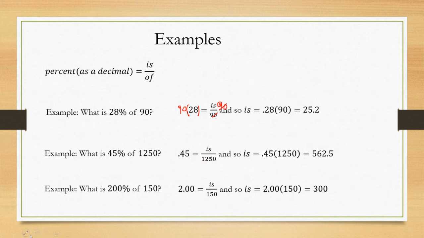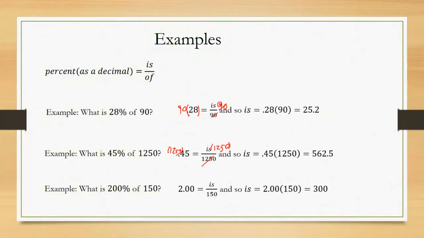Okay, now again, let me get that pen out again. Right from here, let me see if I can draw it in. 1,250. Multiply both sides by that. Again, we want to figure out what is.